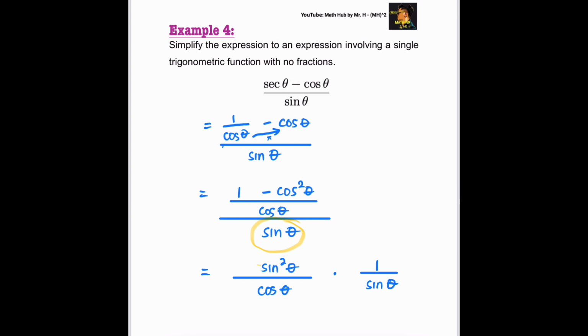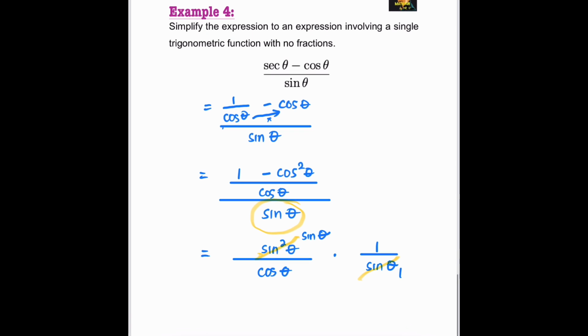And from here you can see sine squared theta divided by sine theta. So we still have 1 sine theta left here. This is going to be changed to 1. All right. And proceeding with the multiplication, so we have sine theta times 1 is equal to sine theta divided by cosine theta times 1 is cosine theta.